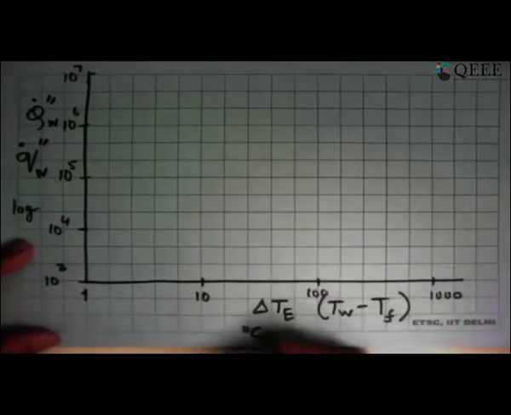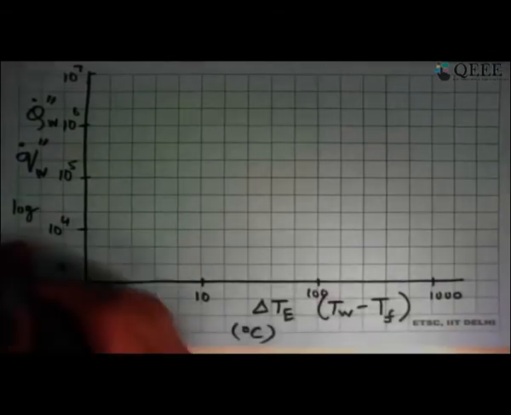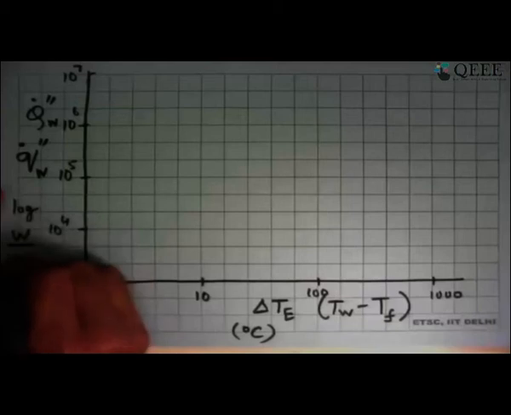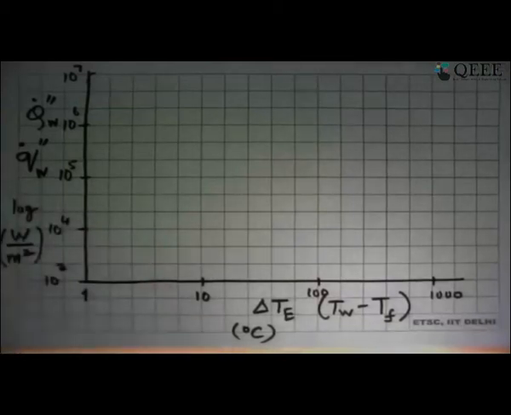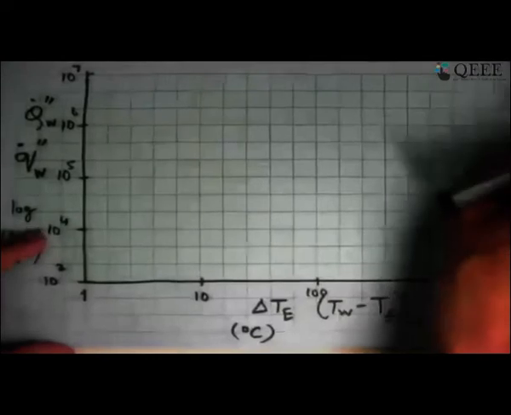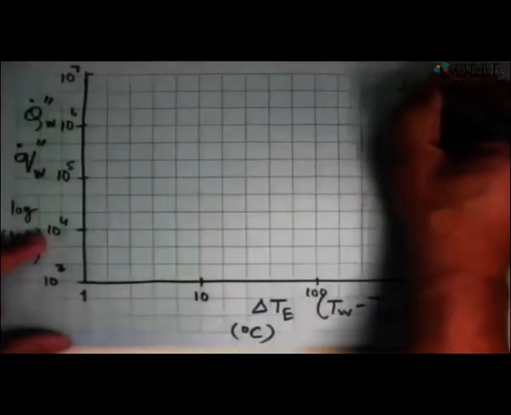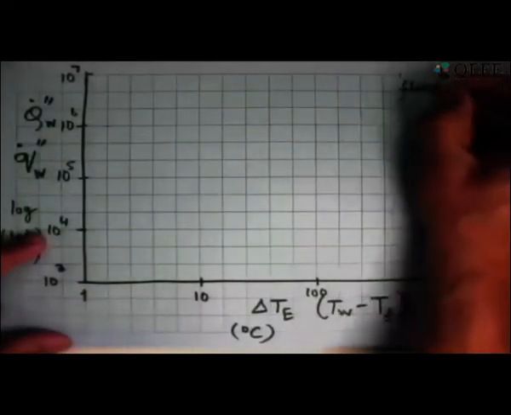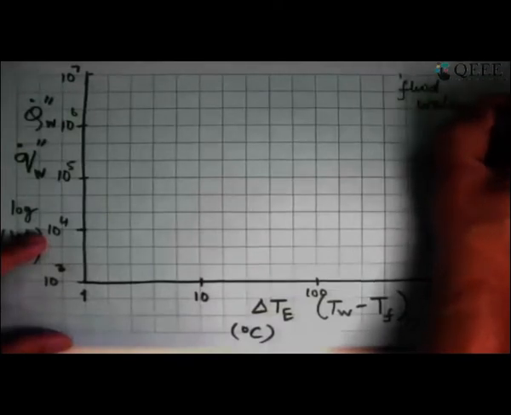And this is in degrees Celsius. This is in watts per meter square. And this curve is not something which is universal, but this is for a particular fluid, and what we are looking at is that the fluid in this case is water.